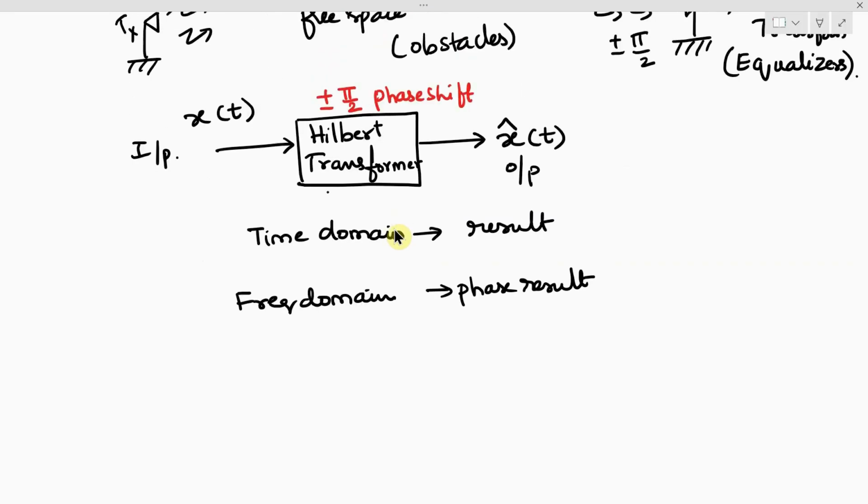Now, if this Hilbert transformer's impulse response is represented by h of t, the output is the convolution between input and impulse response. Accepted for an LTI system?